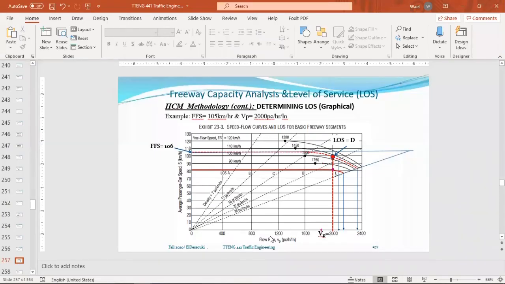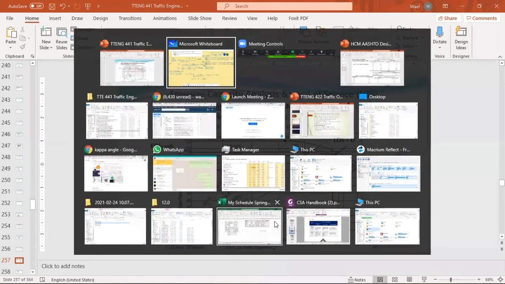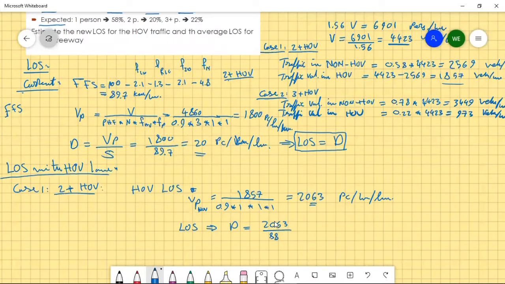The speed will be reduced almost to this value, 88. So the density will be 23.44 passenger car per kilometer per lane. Level of service equals E.